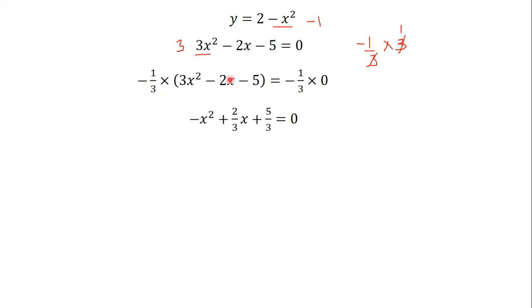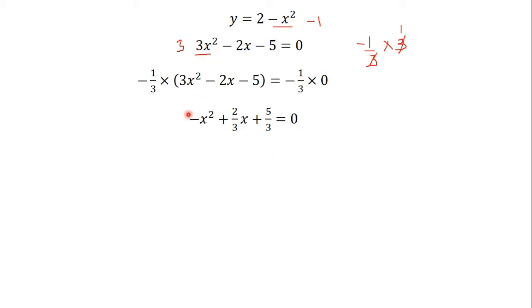Minus 1 divided by 3 times minus 2x, that will give us 2 divided by 3x. Minus 1 divided by 3 times minus 5, and that will give us plus 5 divided by 3. And this is equal to 0, because minus 1 divided by 3 times 0 gives us 0.